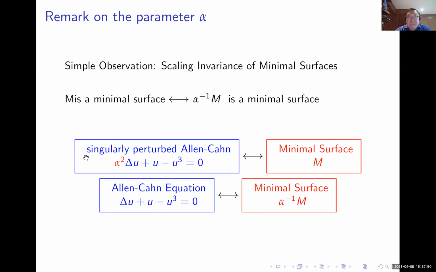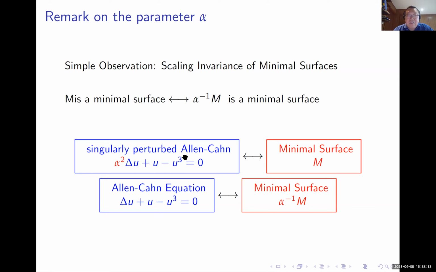So if you consider a singularly perturbed Allen-Cahn as before, like in a bounded domain, you can put an alpha square in front of the Laplacian. Because this is in the whole space, you can put a small parameter anywhere, for instance in front of the Laplacian. Then this corresponds to the original minimum surface.